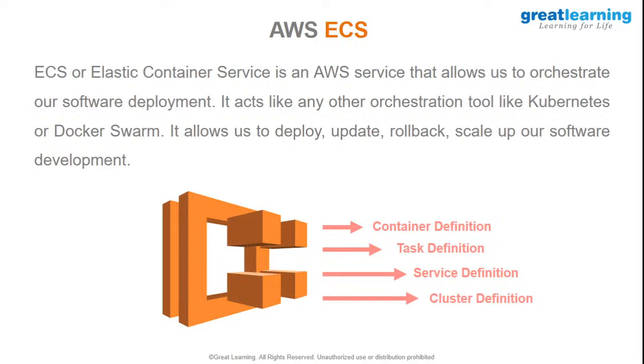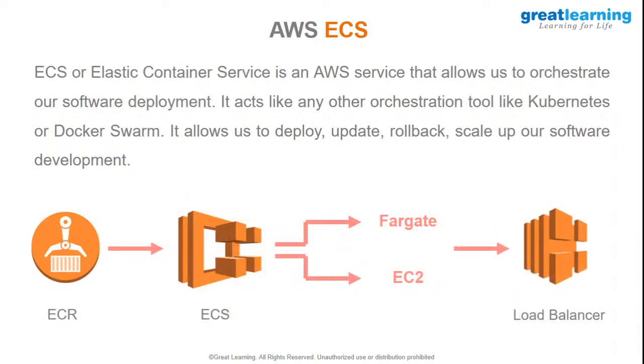And then we have service definition that tells us how many replicas or how many instances of a specific container we want. And then finally we have cluster definition that is basically forming the infrastructure, that is the platform or the stage on which we will launch our software. So you guys will get a little bit better understanding when we actually do it. So it's okay if you're a little confused right now.